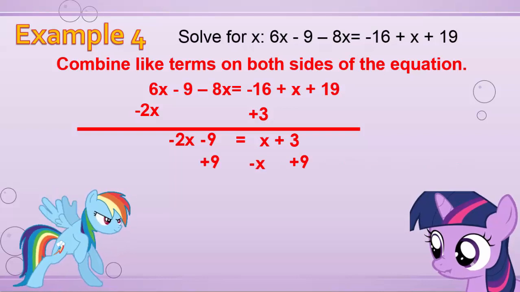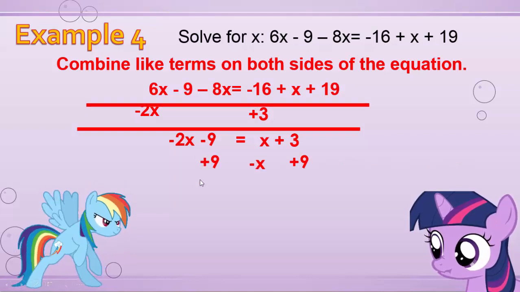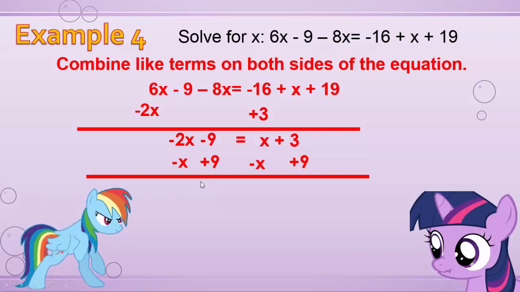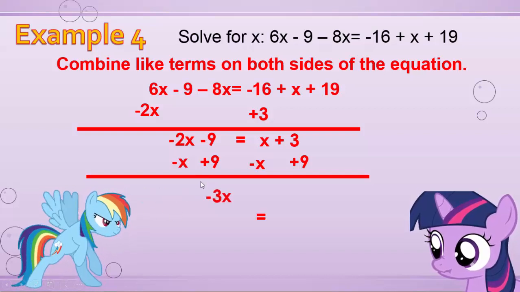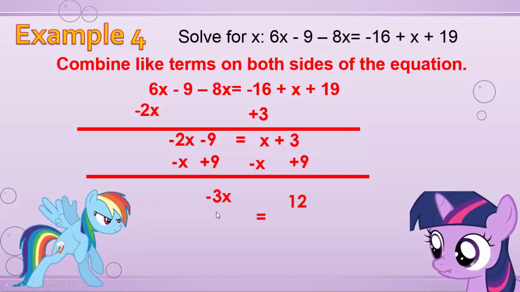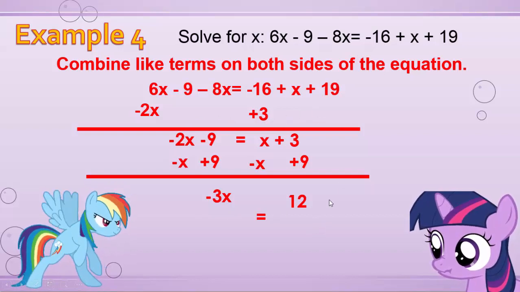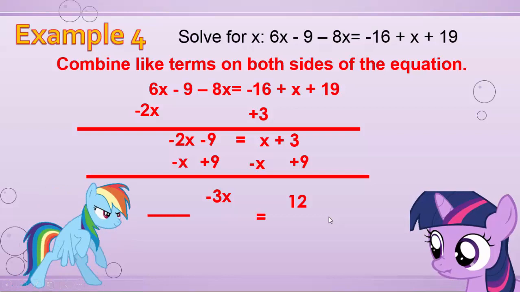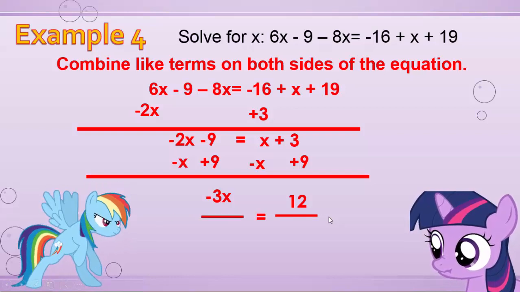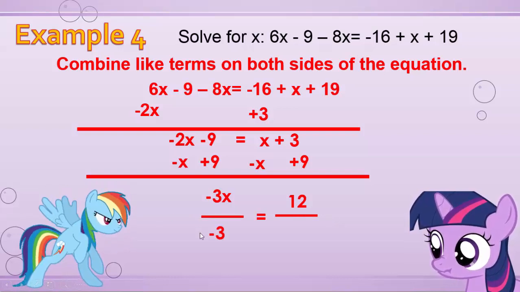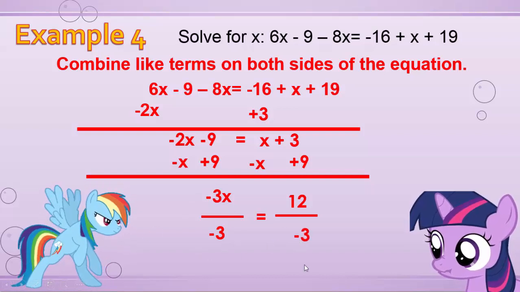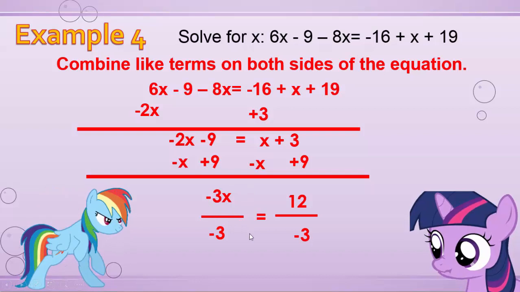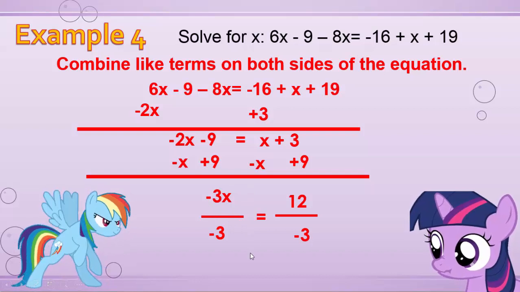So in this case, I'm going to bring the 9s. I'm going to put the x's on this side, and I'm going to put my constants on this side. I'm going to divide this side by negative 3, and this side by negative 3, in order to get the x all by itself.